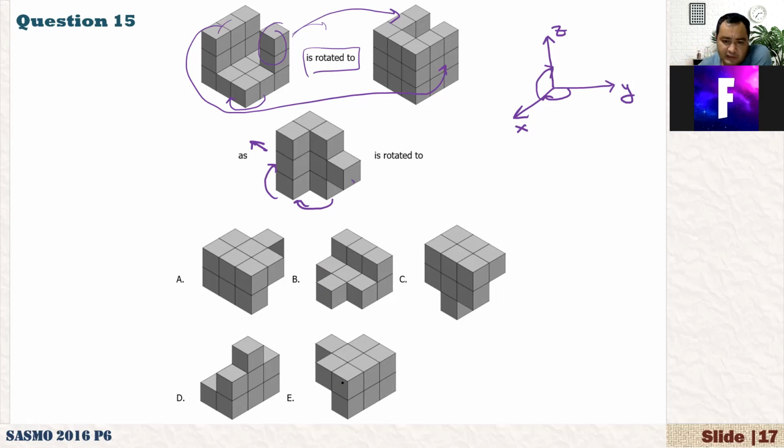At that time, we will get this shape. You see here, this one is looking upward. Anyway, guys, when you have time, to visualize this, you just get a cube or something, and just rotate this. At that time, you can see much better. It's really hard to explain on the screen, but here the answer is E.